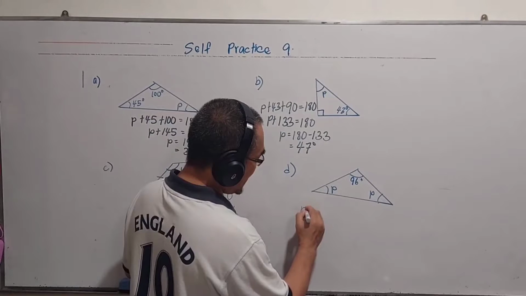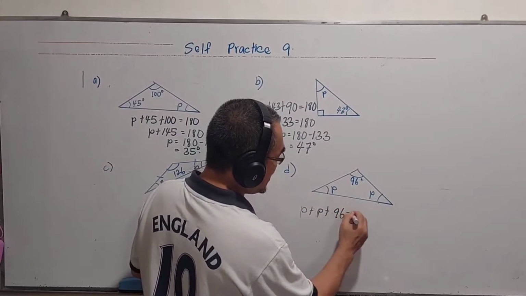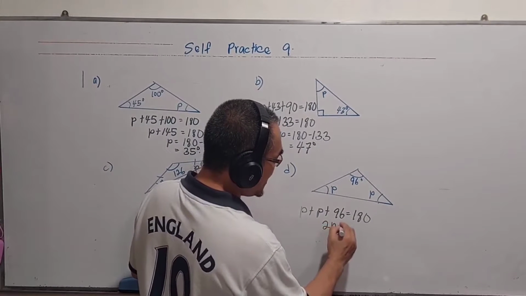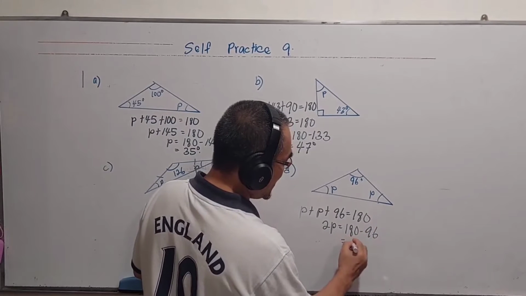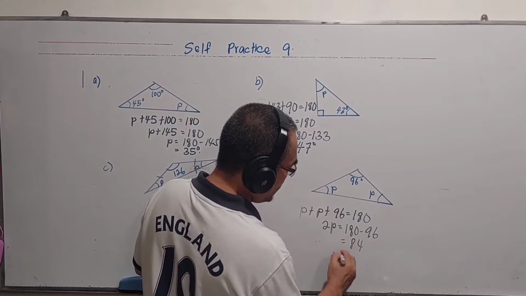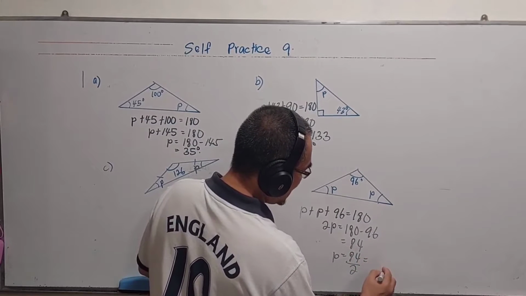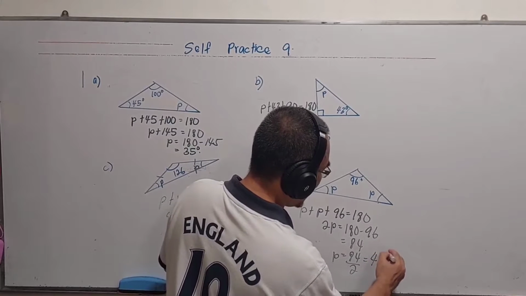So we have P plus P plus 96 equals 180. So 2P is equal to 180 minus 96, which is 84. So P is 84 divided by 2, which is 42 degrees.